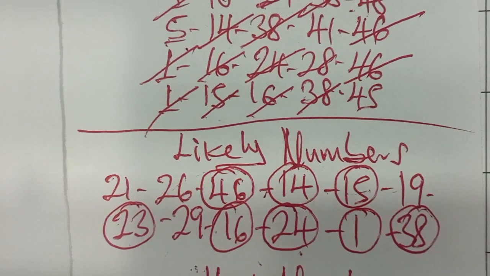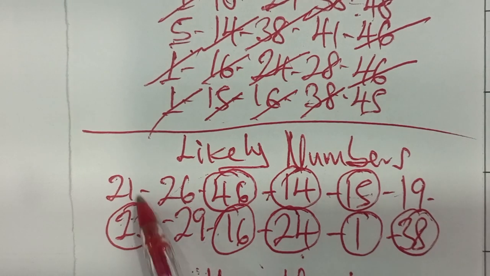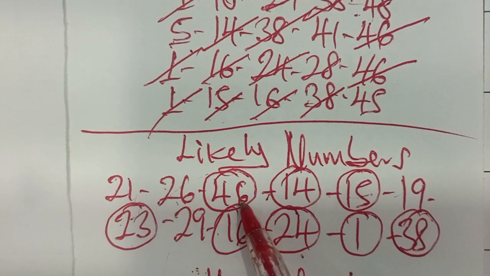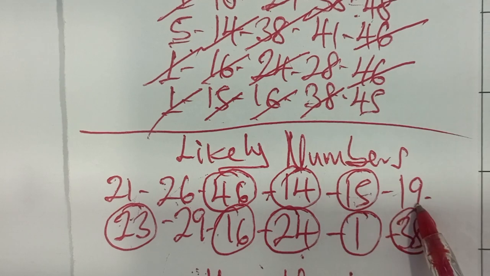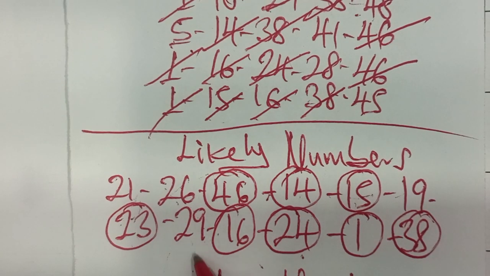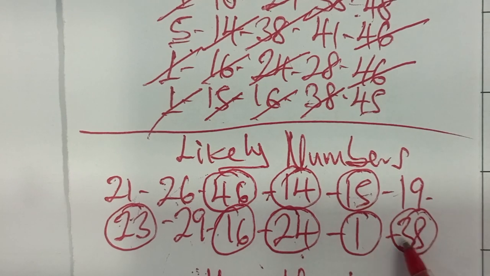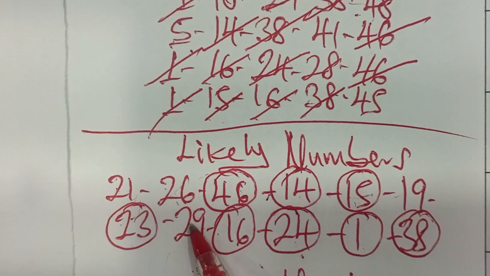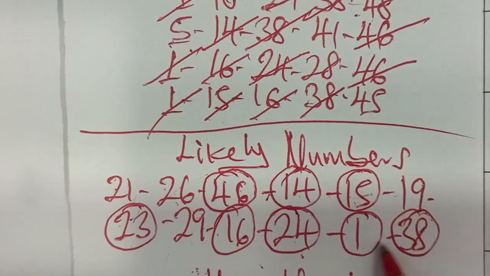So for today's Euro Million lottery system, these are the likely numbers: 21, 24, 46, 14, 15, 19, 23, 29, 16, 24, 7, 1, and 38. So they are 1, 2, 3, 4, 5, 6, 7, 8, 9, 10, 11, 12. So they are 12 set of numbers, all right? That I will show you more.